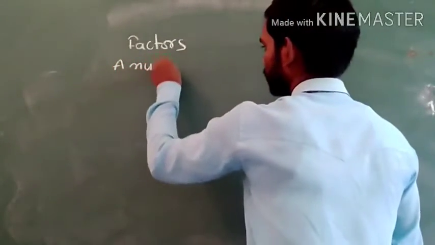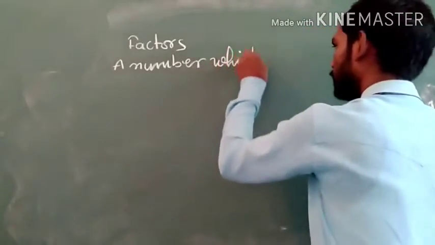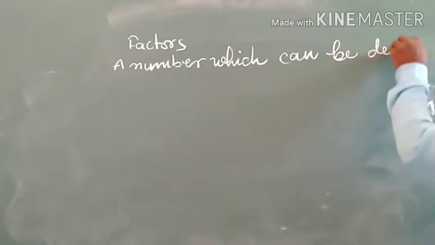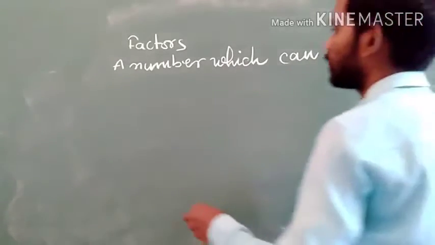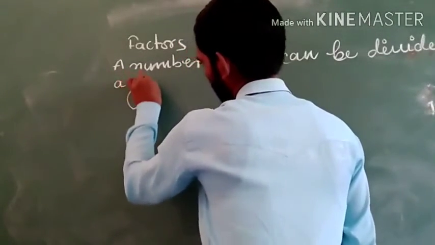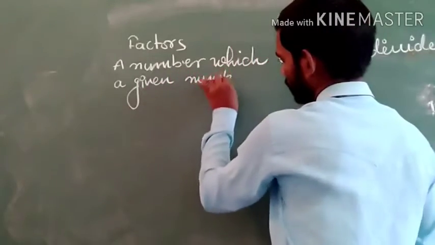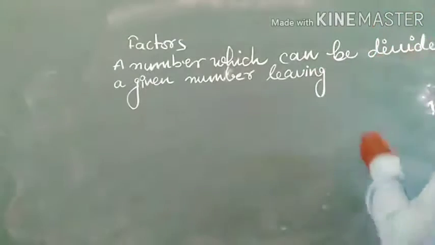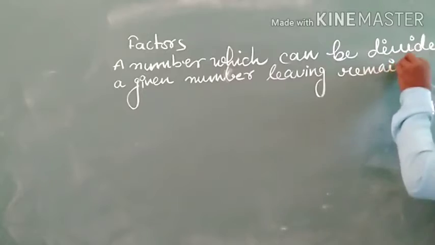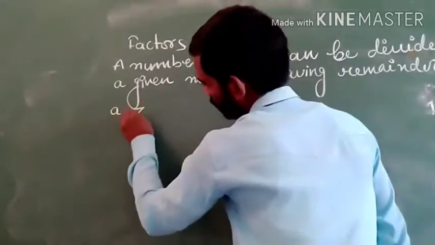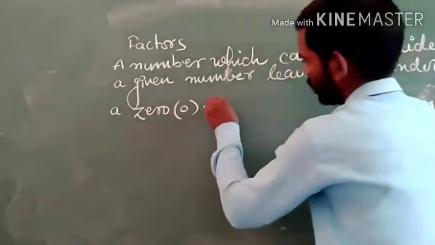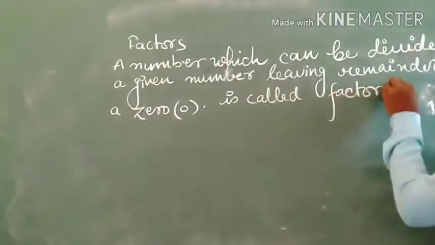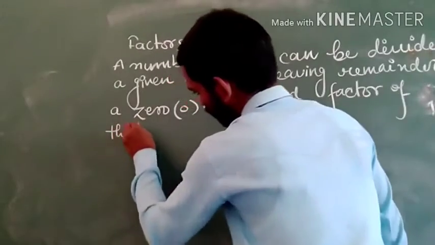A number which can divide a given number leaving remainder 0 is called a factor of that number.